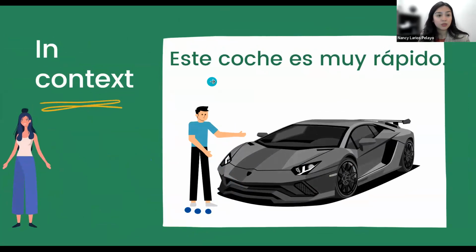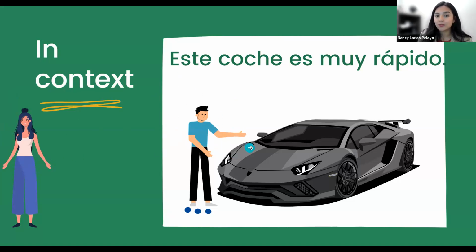So we have, what we know, the speaker and the listener. This is important to identify which type of demonstrative adjective we're going to be using. So he's the speaker and she's the listener, okay? And I'll explain to you why we need to know it. Este coche es muy rápido.